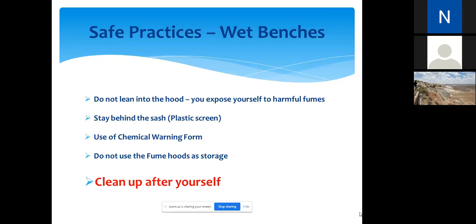So you need to make sure you always warn other people of what it is that you are leaving behind. And since you are in the clean room, most academic clean rooms don't have staff members coming to clean. So always make sure you clean up after yourself.